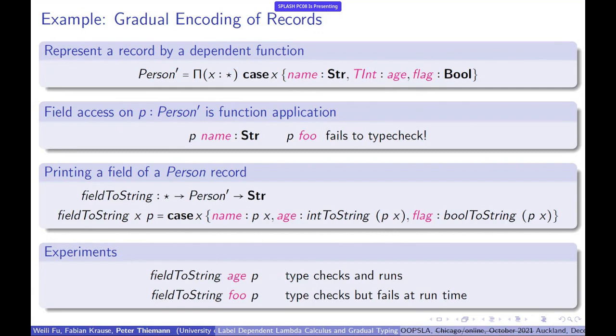It's totally up to you what you do with this label dependency. It's just one example. In the paper there are other examples of applications. Of course, it gets more useful once you have general inductive types. But that's quite an extra effort to do.